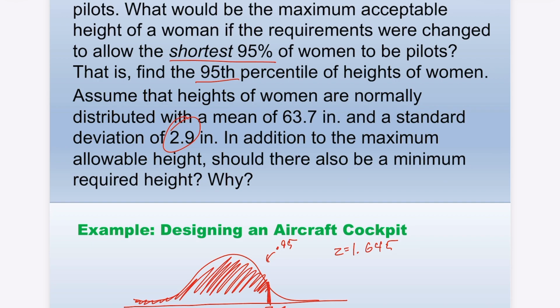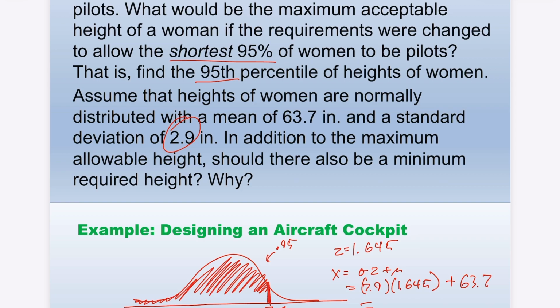So I'm going to multiply that z-score by the standard deviation. So that's going to be 2.9 times 1.645 plus mu, which is what? 63.7.